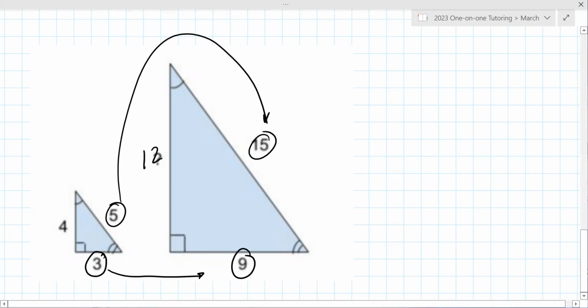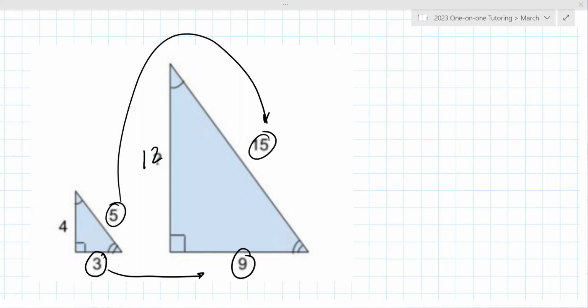Very good. All right. So let me look for a couple of problems here for us to work on like this. Let me see if this is a good one here. All right.